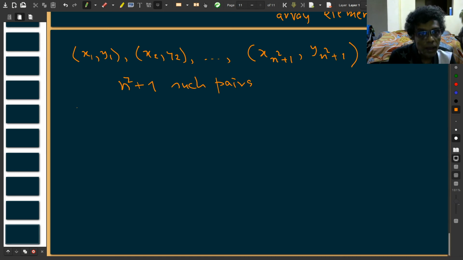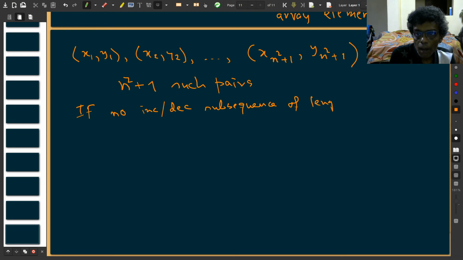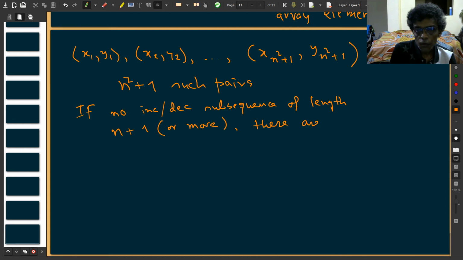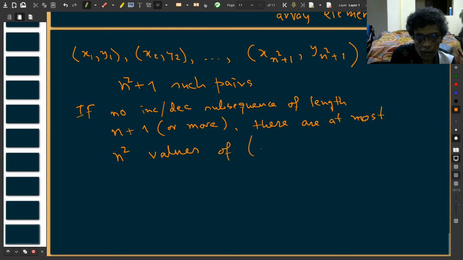Okay. So, if I assume that no increasing or decreasing subsequence of length n plus 1 or more exists, there are at most n square values of xi, yi.